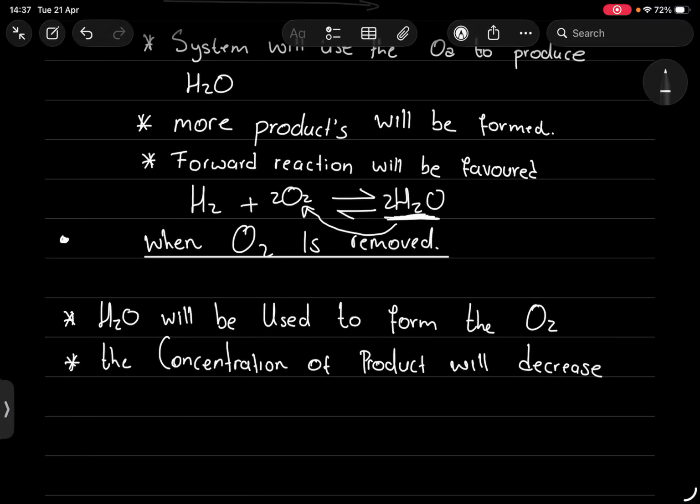And when the concentration of product decreases, which reaction will be favored? If the concentration of product decreases, it means the concentration of the reactants will increase, right? But I don't want to put it that way because O2 is removed. So I would just say the concentration of products will decrease. So which reaction is going to be favored? Will the forward reaction be favored since H2O decreases?